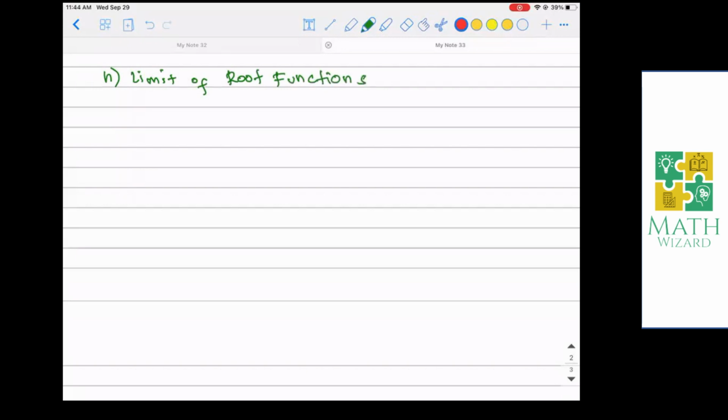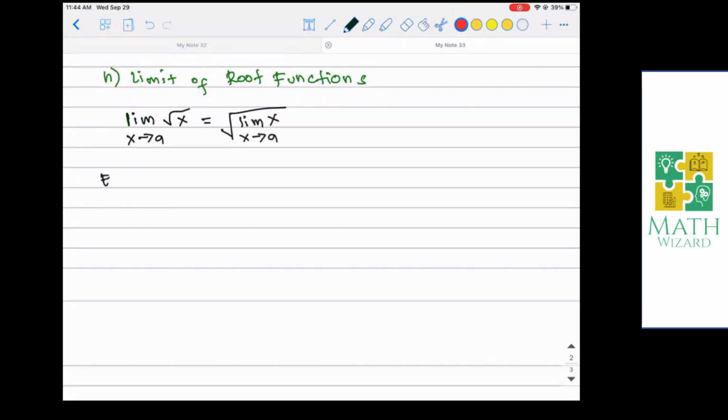So let's say we have the limit of the square root of x as x approaches a. Then ang magiging sagot natin ay the square root ng limit of x as x approaches a.